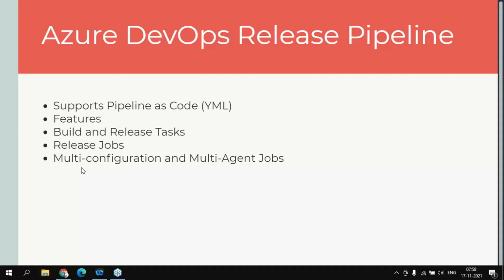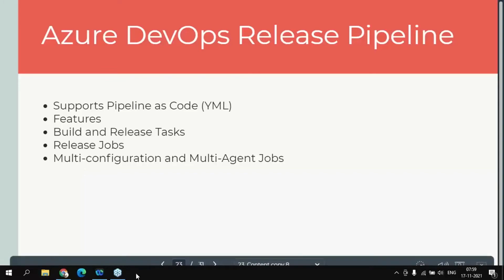Initially if it is taking 10 minutes to run 1,000 test cases, now with two agent machines sharing the load, it will take just 5 minutes, because the two agent machines are working on the same script. That is why we call it multi agent jobs.